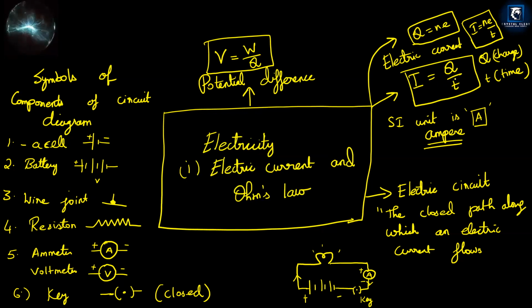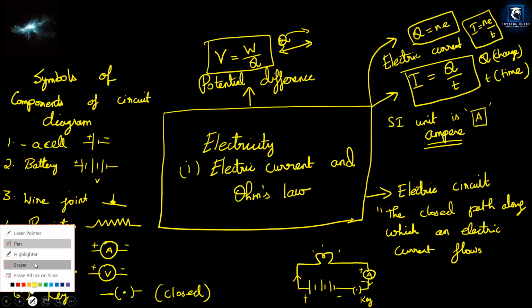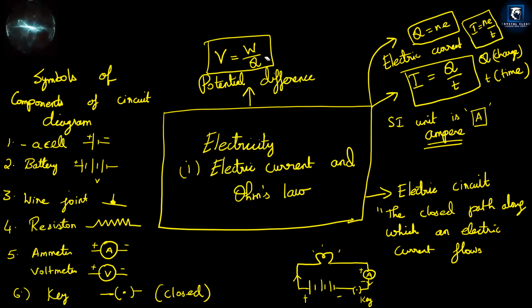Whenever the word rate comes, it is nothing but with respect to time, so T. So the rate of flow of charge, charge is nothing but Q. Similarly, here W by Q is nothing but the work done to move a unit charge from one point to another point. A unit charge, I'll write Q, to move from one place to another place. A very simple term, which is nothing but W by Q. This is going to play a major role when it comes to power calculation or power derivation.